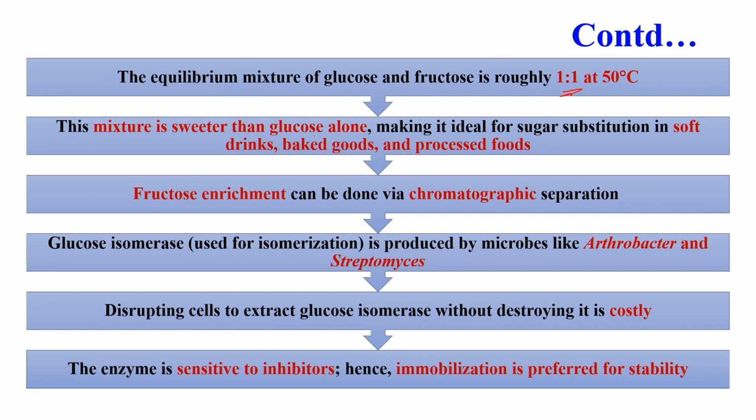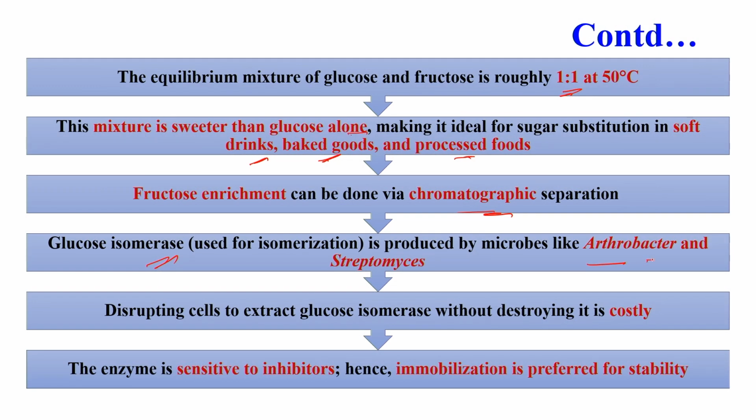The mixture is sweeter than glucose alone, making it ideal for sugar substitution, particularly in soft drinks, baked goods and processed food. Fructose enrichment can be done by a chromatographic separation. Further, if needed, one of the sugars can be separated, and glucose isomerase used for isomerization is produced by microbes.